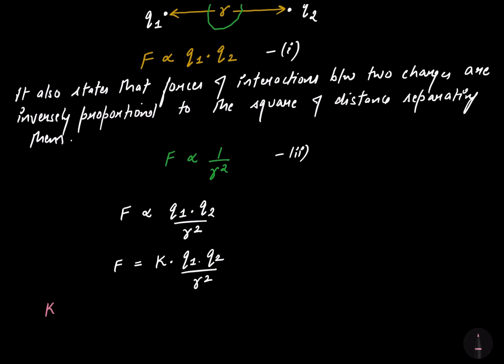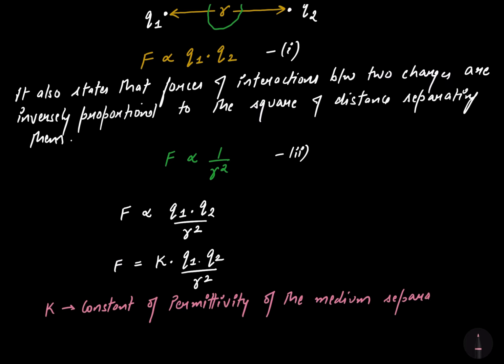So here what's K? Here K is the constant of permittivity of the medium separating the two charges.